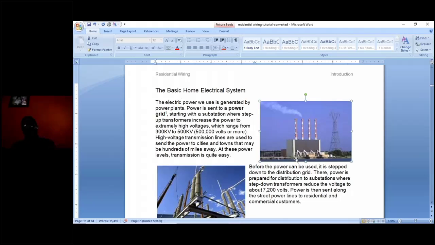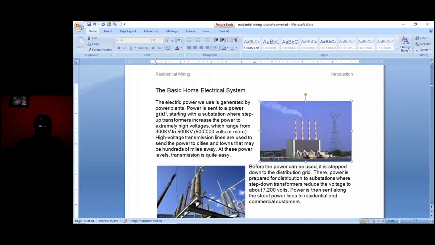Power is sent to a power grid, starting with a substation. I repeat, power is sent to a power grid from the substation, which is then sent to a transformer, which steps up or steps down to a rating where it is acceptable residentially.